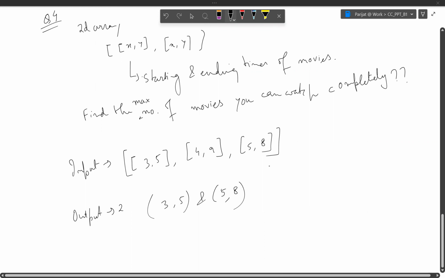How do you ensure that whatever count you get, that is the maximum? How do you know that whatever count you get will become the maximum?